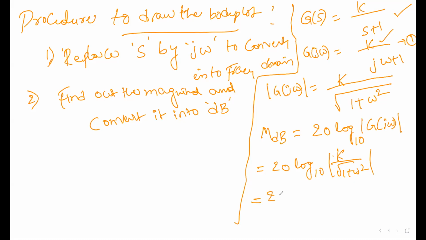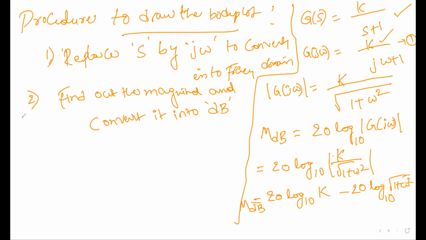Now apply the log a by b formula: 20 log K minus 20 log square root of 1 plus omega square, base 10. Is it clear, all of you? Yes, sir.